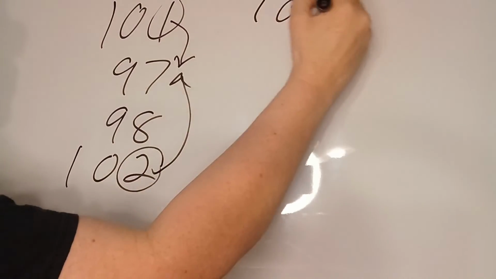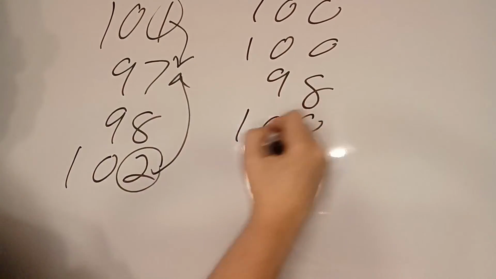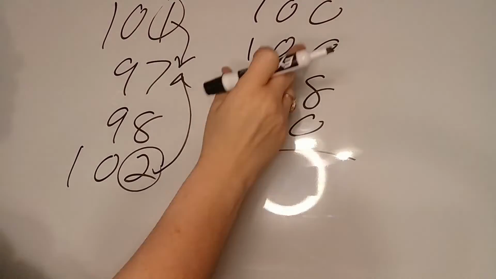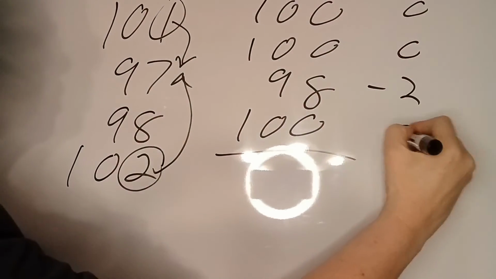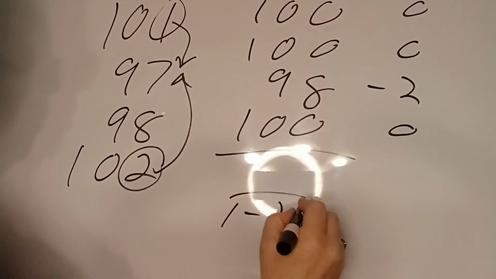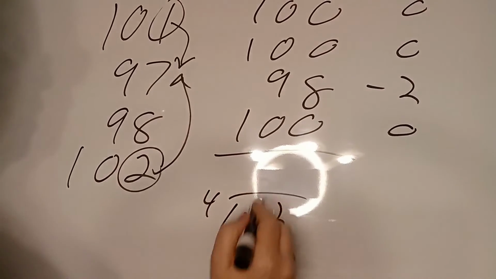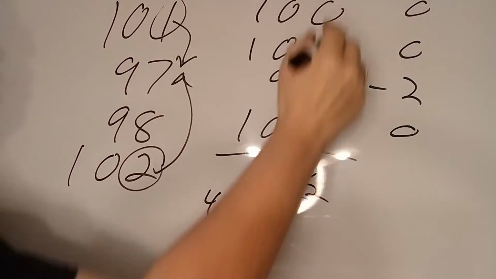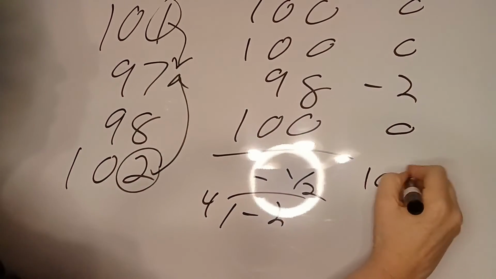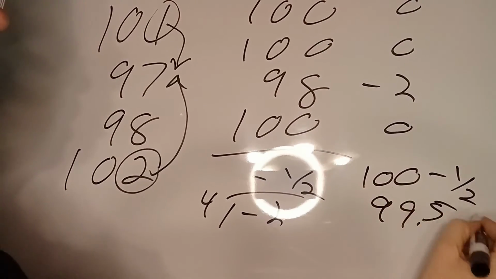That gives us 100, 100, 98, and 100. Okay? If we take 100 out, we've got 0, 0, minus 2, and 0. Minus 2 divided by 4 is minus 1/2. So our average here is 100 minus 1/2, which is 99.5.